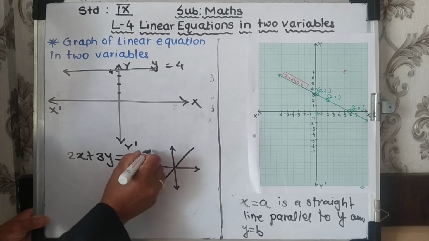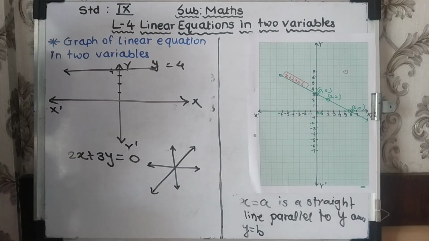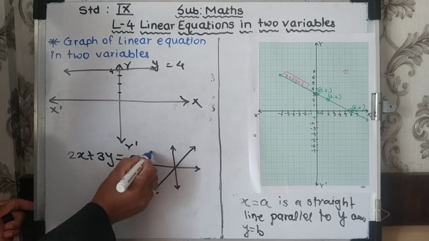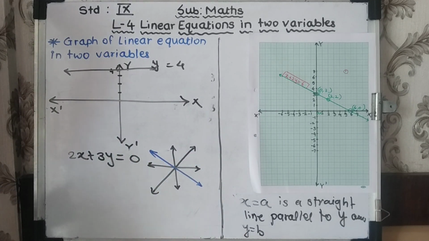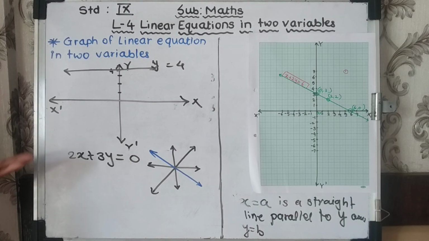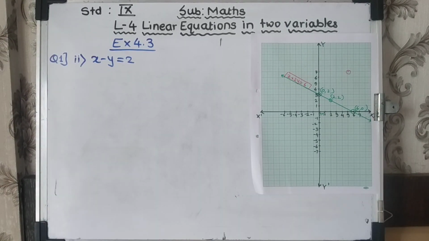Either like this it will pass. Got it, this one? So likewise it may pass through. So 2x plus 3y you can solve and check whether it is passing through the origin or not.